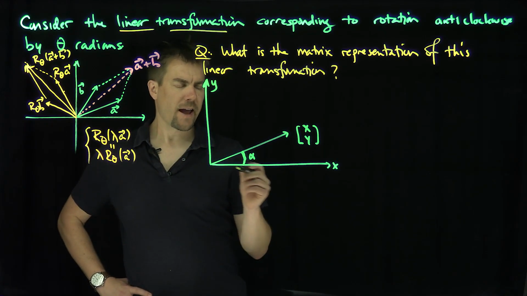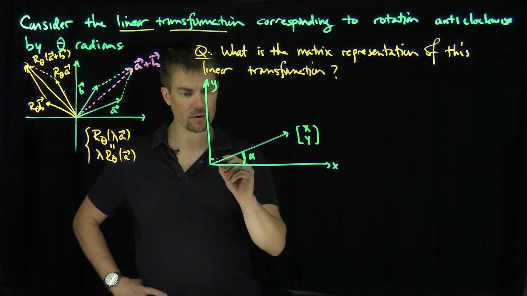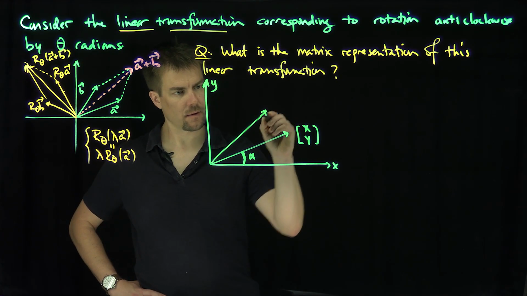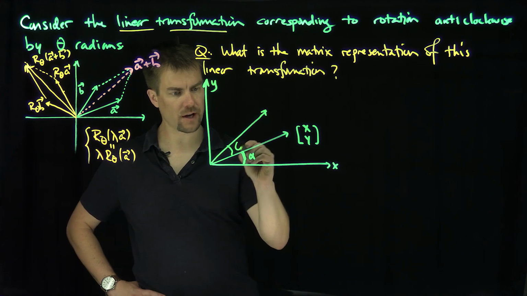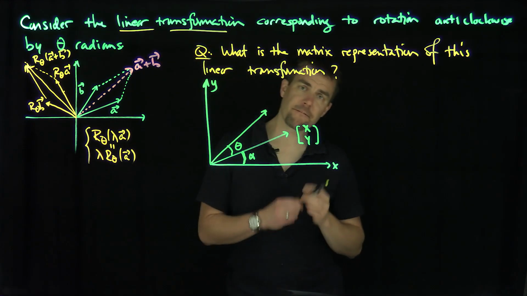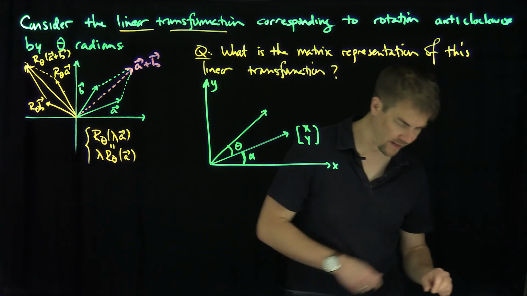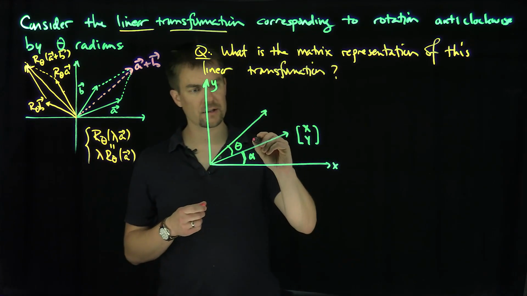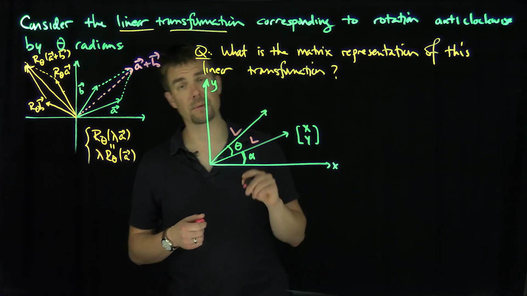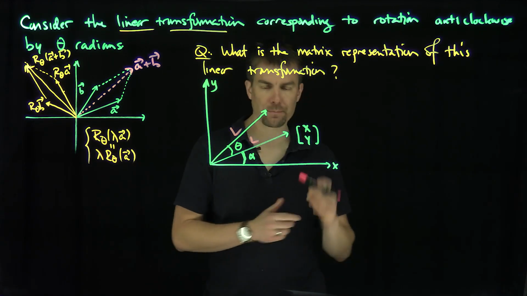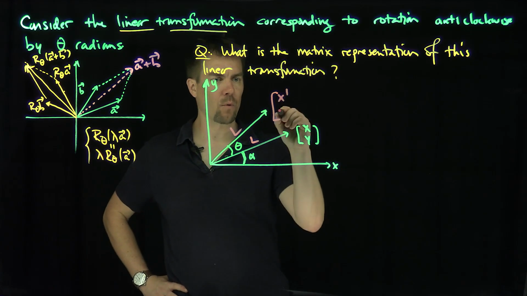Then I'd like to take this vector and rotate it by theta radians. So that angle over there is a rotation of this vector by theta. Now the key feature when we rotate is that the lengths do not change. It's an isometry. So this length is going to be L, and this length is also going to be L. Now I'm going to call this point (x prime, y prime).